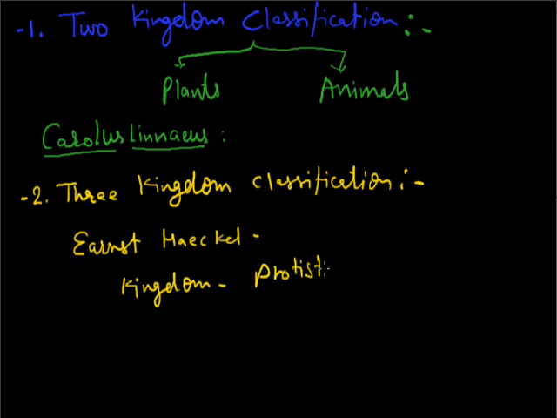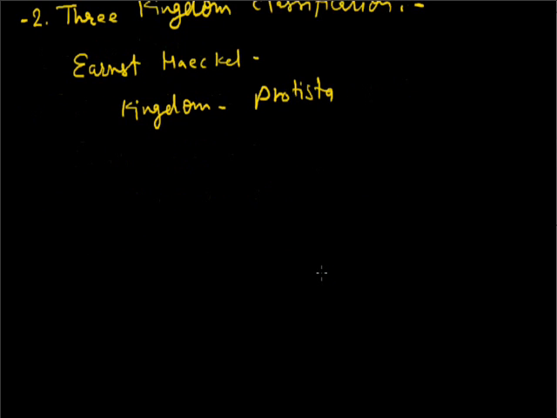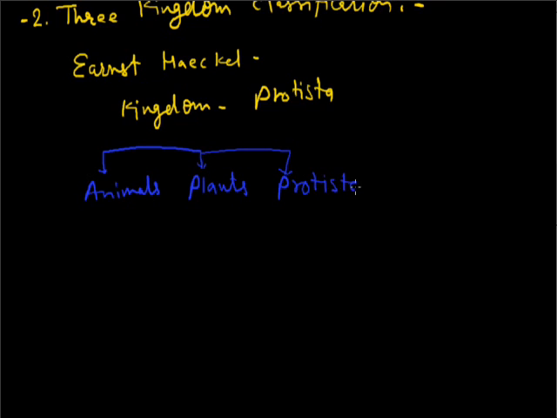It means, according to this classification, living beings are categorized in three groups. First, animals, second, plants, and third, Protista. So this is known as the three kingdom classification, which was given by Ernest Haeckel.